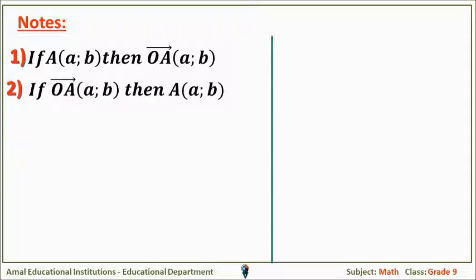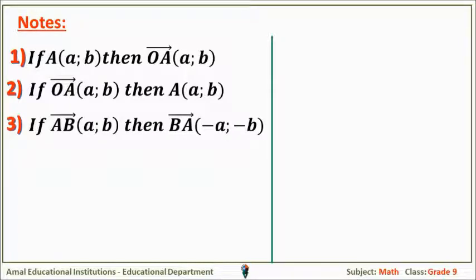If the vector OA has the coordinates (a, b), then the coordinates of the point A will be the same, a and b. If the vector AB has the coordinates (a, b), then the vector BA will have the coordinates (-a, -b). That is, I will multiply the coordinates of the vector AB by -1.